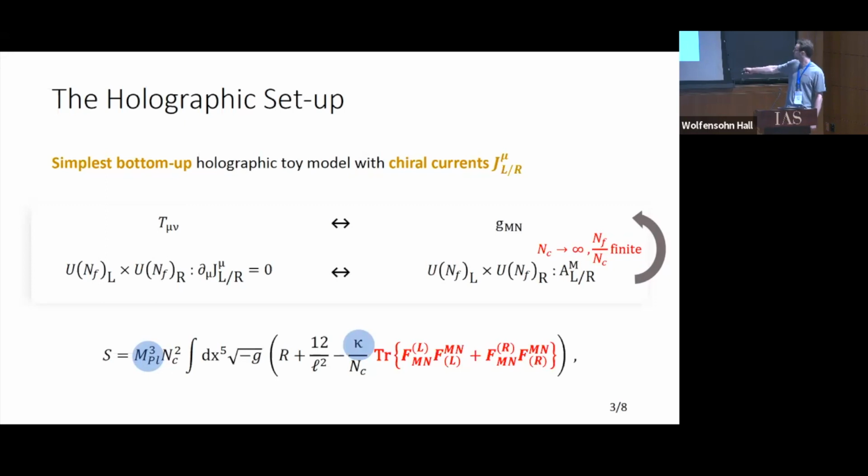And the action that describes the dynamics of those bulk fields is a very simple quadratic action, with an Einstein-Hilbert term for the color sector and Yang-Mills for the flavor sector. And as usual, we have a large N limit, but here the number of flavors will be of the same order as the number of colors, such that in this limit there is a finite back reaction of the flavor sector onto the color sector, which is important to describe high density.